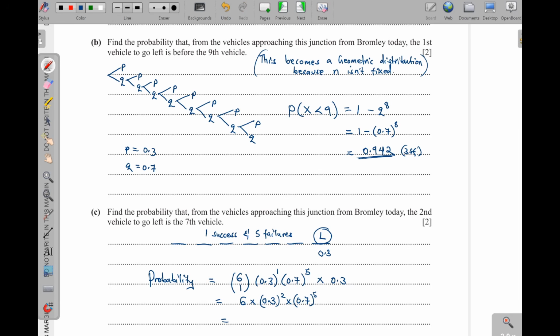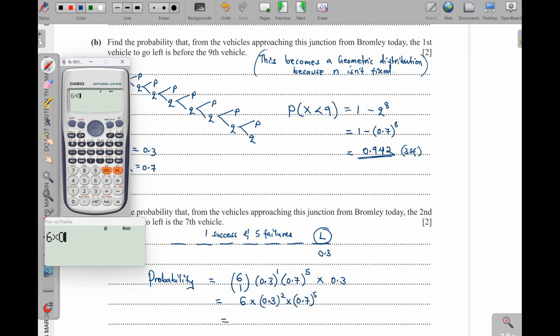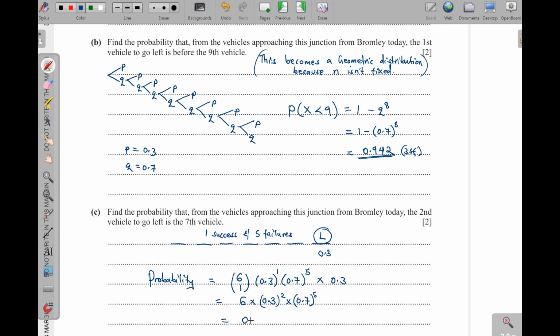So what is this to 3 significant figures? 6 times 0.3 squared times 0.7 power 5 is 0.0908. 3 significant figures. Remember, 0 is not a significant figure, but it becomes so if it is in between other figures. So this one is not a significant figure, this one is not, but this one is because it is in between 9 and 8. Okay, so that is that.